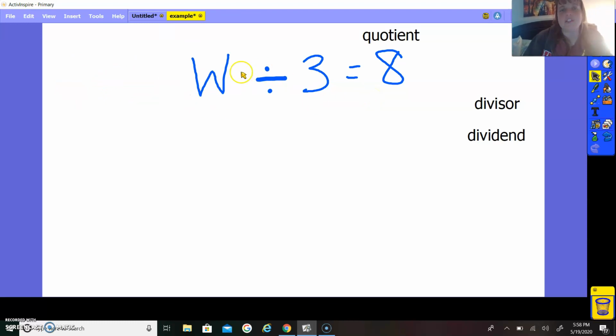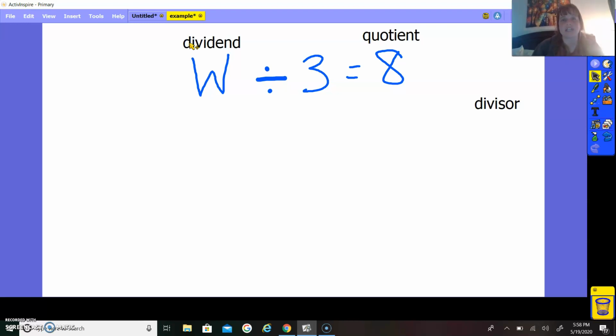The total amount that you're starting with before you start distributing or dividing is called the dividend. Can you say that? Dividend. That's the number that is the total amount before it starts getting divvied up. Dividend, divvy, dividend, divvy. So the dividend is the number that's divvied up, that's put into groups.